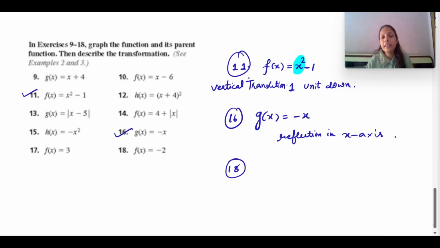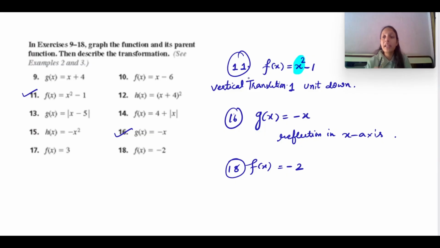What's question number 18? f(x) is equal to -2. What was the constant function we covered? f(x) equals 1. What is that? It's 2. So here two transformations are applied. First, 1 changed to 2. How did 1 change to 2? Multiply by 2. Whenever a function is multiplied, it's a vertical change, and it's a shrink or stretch depending upon the value.